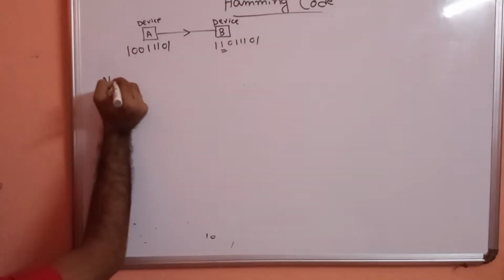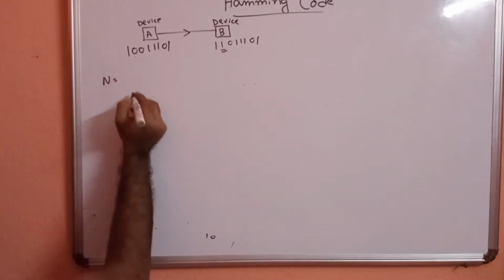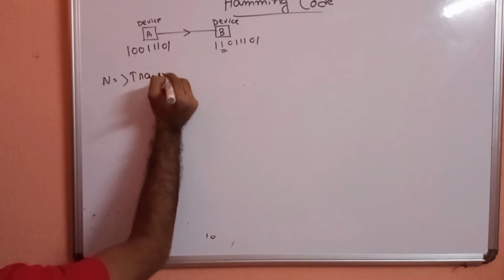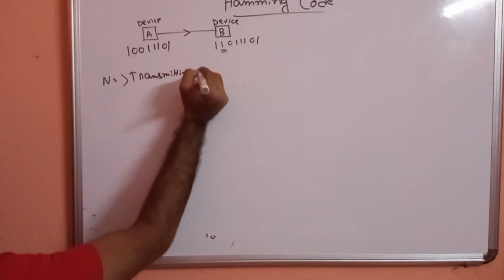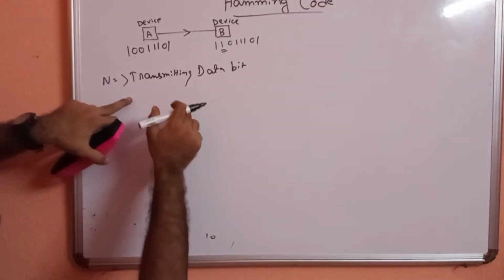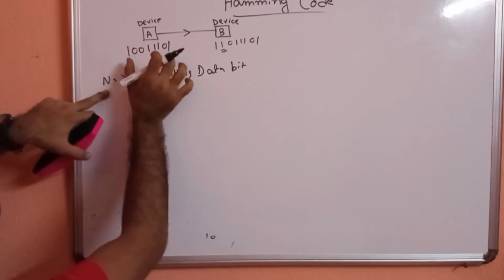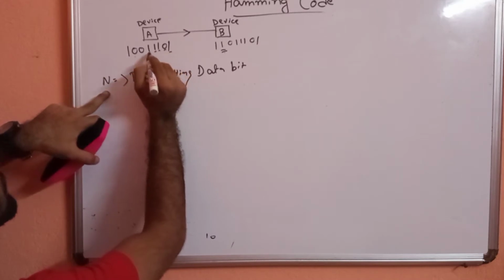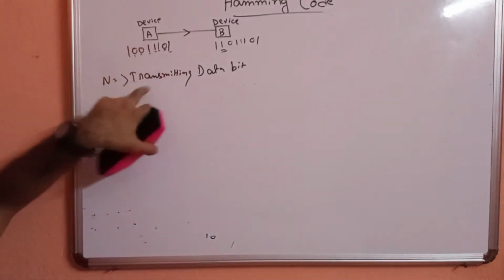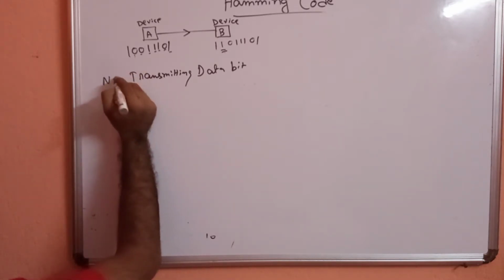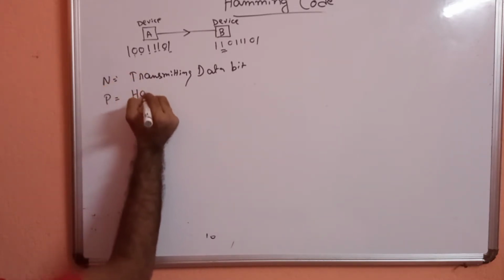Now, let us consider n is the transmitting data bit, that means n is the number of bits of the transferring data. Here the number of bits is 1 2 3 4 5 6 7 8, so n is 8. And let us consider p as the number of Hamming bits.